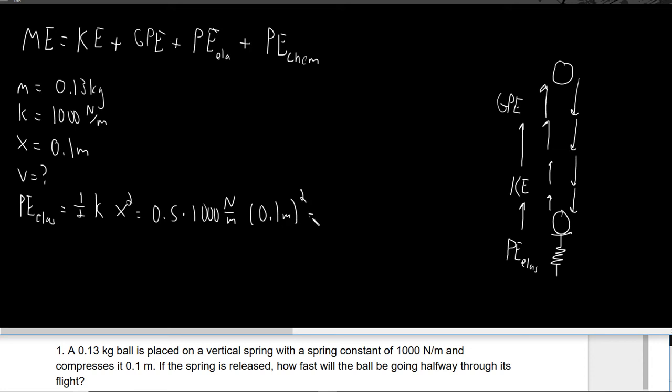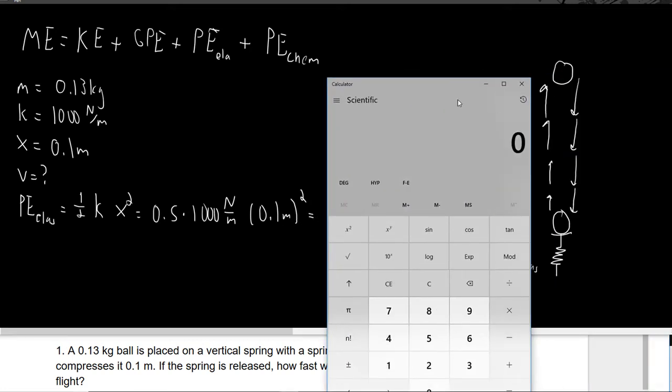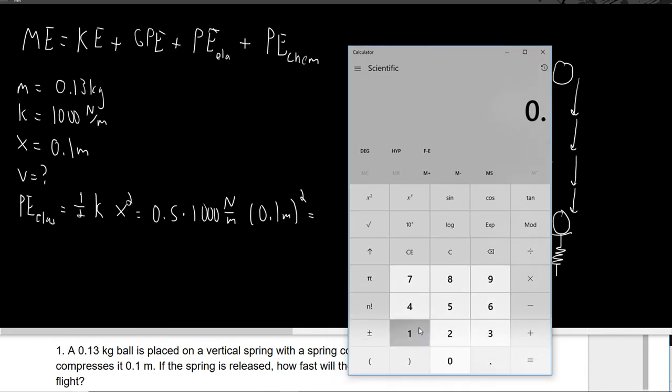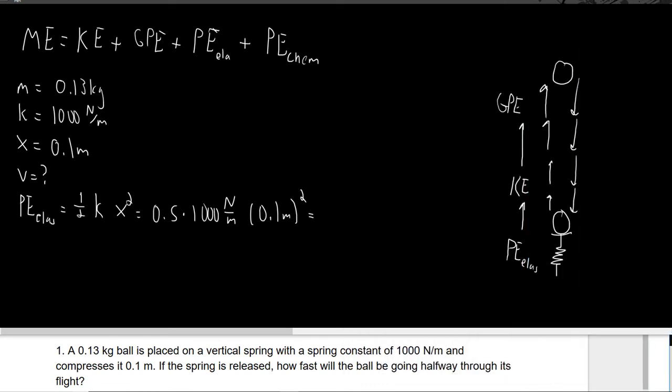All right, so in this case, 0.1 squared times 1,000 times 0.5. So 5 joules. 5 joules is stored elastic potential energy.